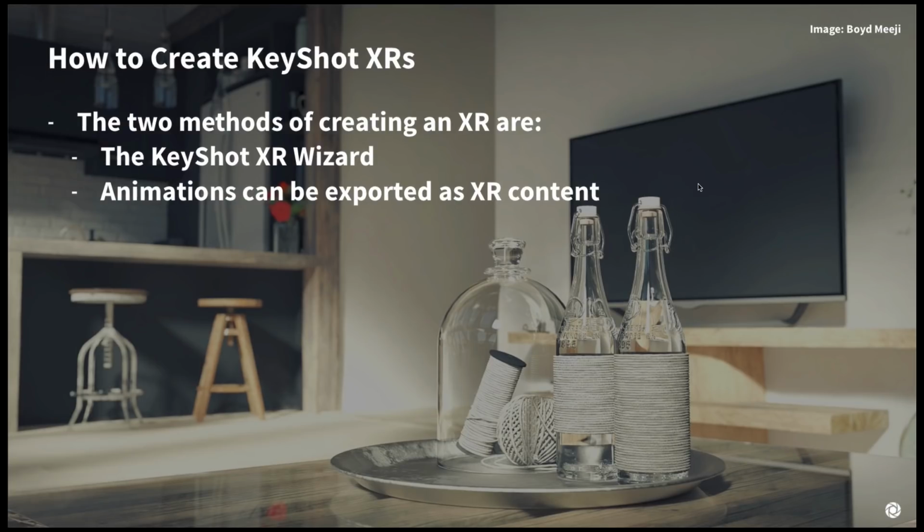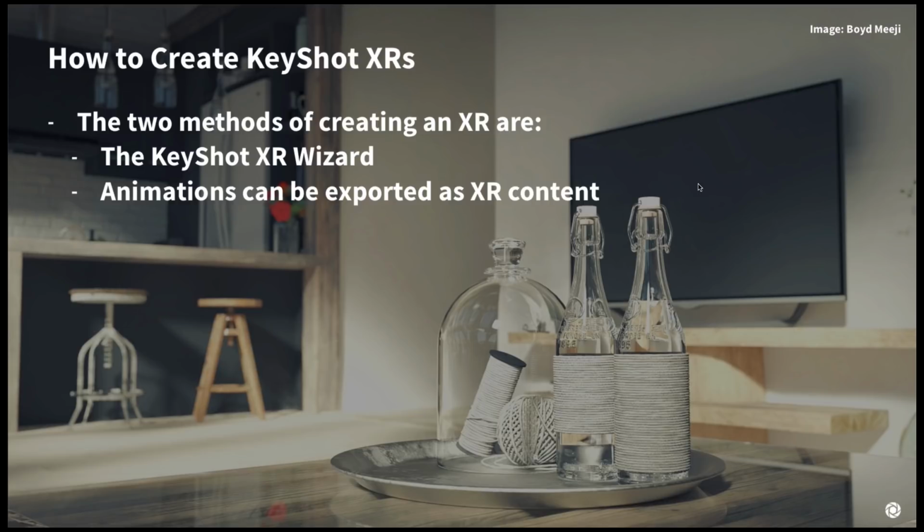So of course, the reason you're here is to find out how to create KeyShotXR. This is really the focus here. The two main methods for creating an XR: we can use the KeyShotXR wizard, which is going to walk us through step by step within the KeyShot user interface.